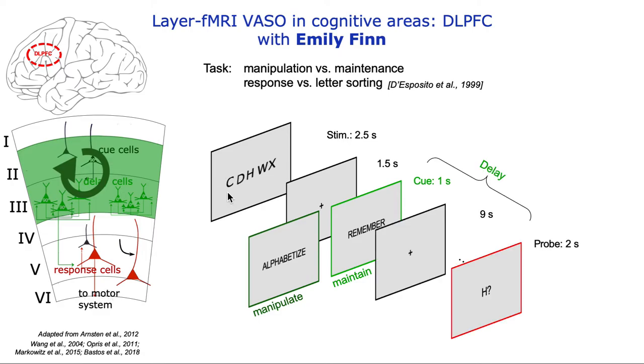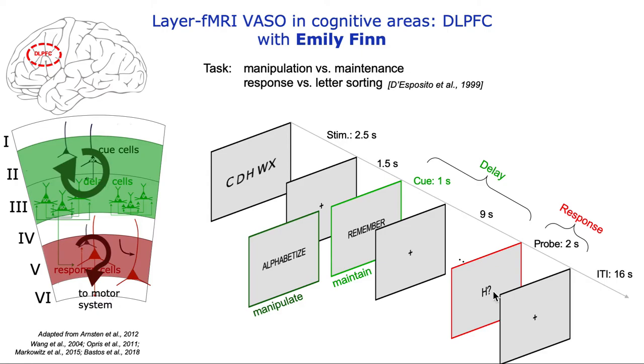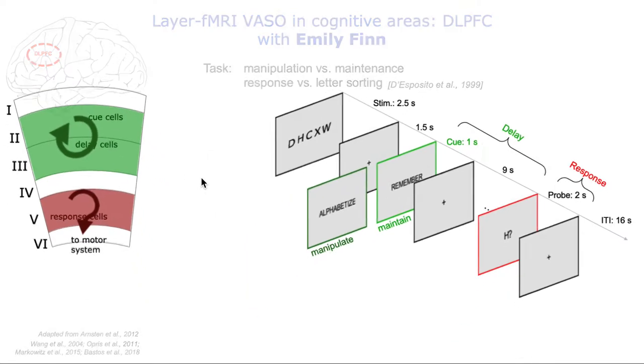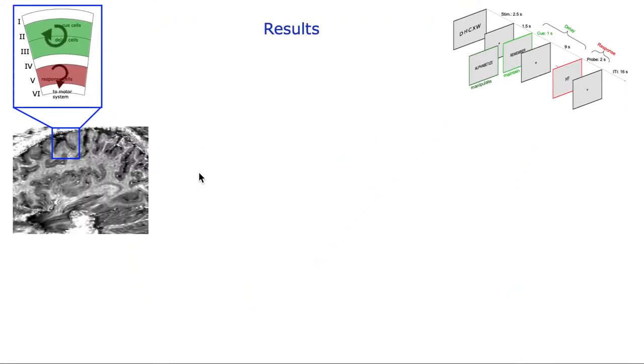Later in the task, the participants are asked to do a response decision, which is then believed to mostly engage the deeper output layers. And this simplified microcircuit really nicely explains all the variance that we are seeing in our data.